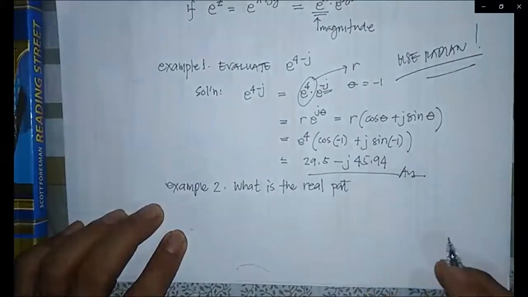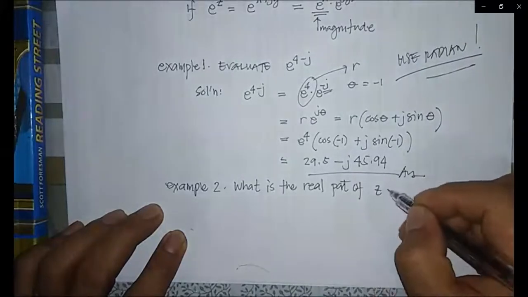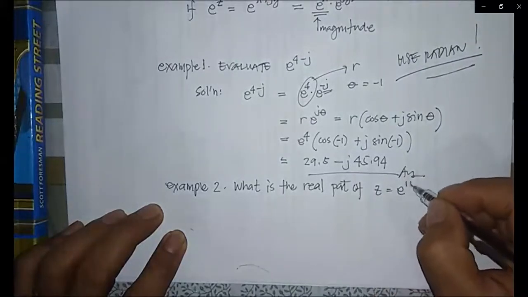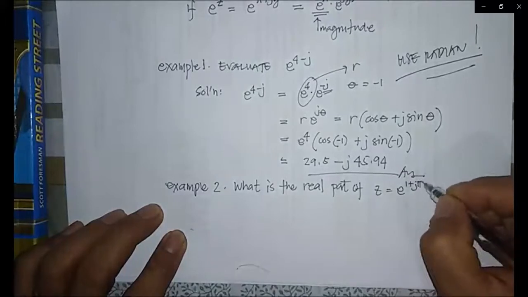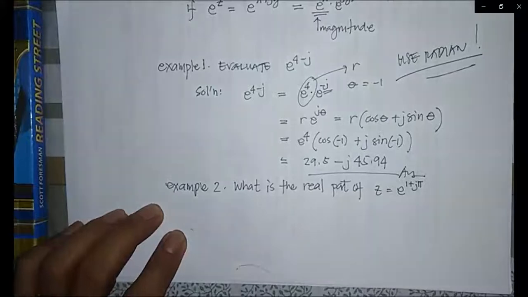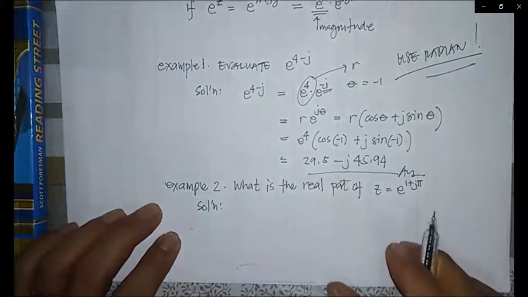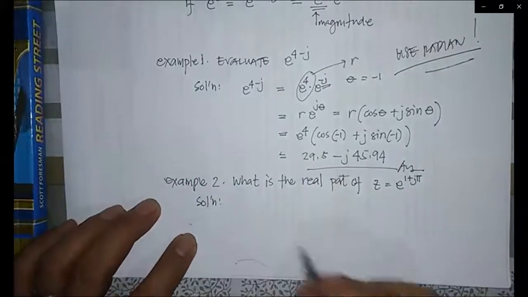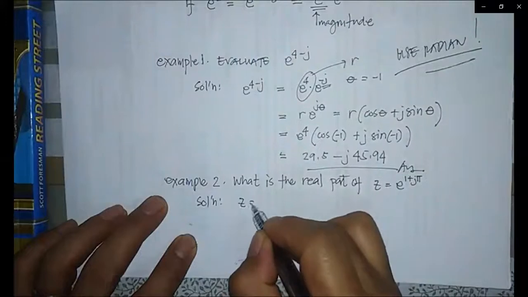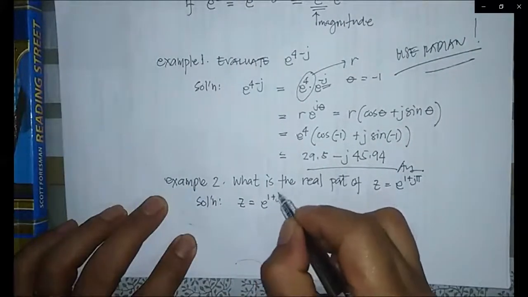So example number 2: what is the real part of z equals e raised to 1 plus j pi? Your solution is to use the rule of exponents in algebra. So write that as z is equal to e raised to 1 plus j pi.